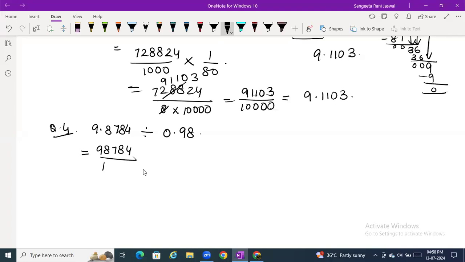So 4 zeros like this. Then divide sign here. Then 0.98 can be written as 98 upon 100, since 2 places are after the decimal. So 2 zeros. Now you will apply the KCR rule. Keep the first number as it is.